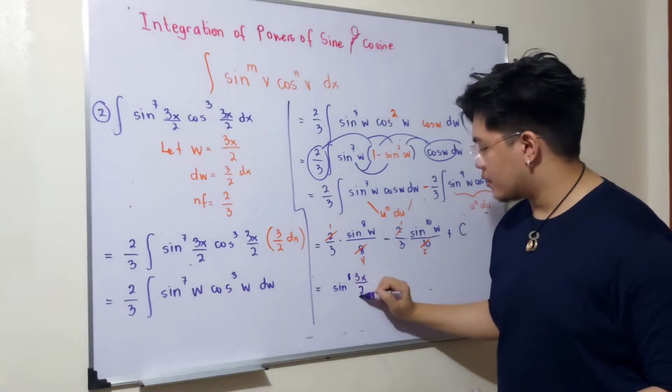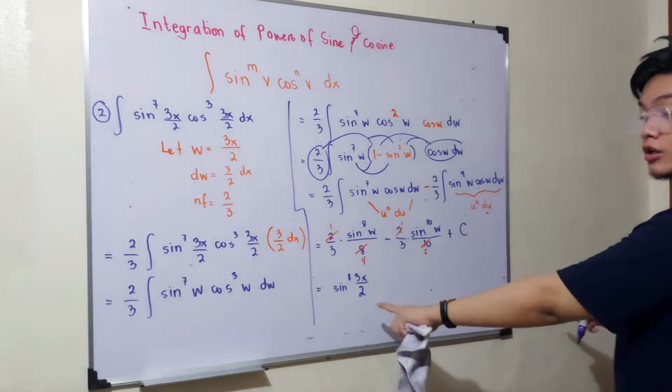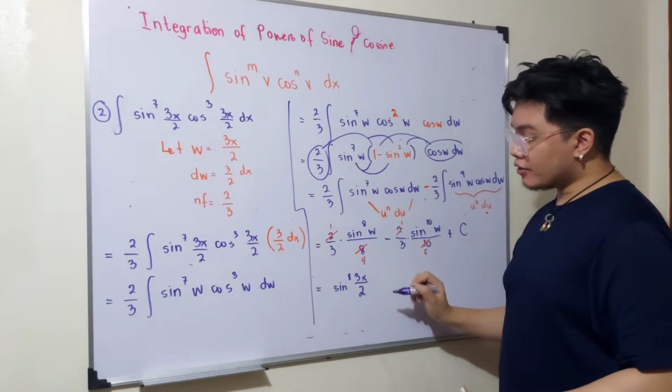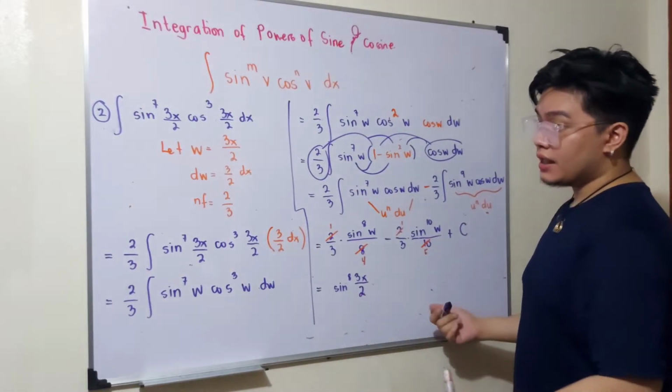Ayan. Pwede kayo maglagay ng parenthesis kung gusto nyo. Pero ako, I make sure na naka-distansya naman. Naka-understood na laman ng sine raised to 8 function yung 3x over 2.